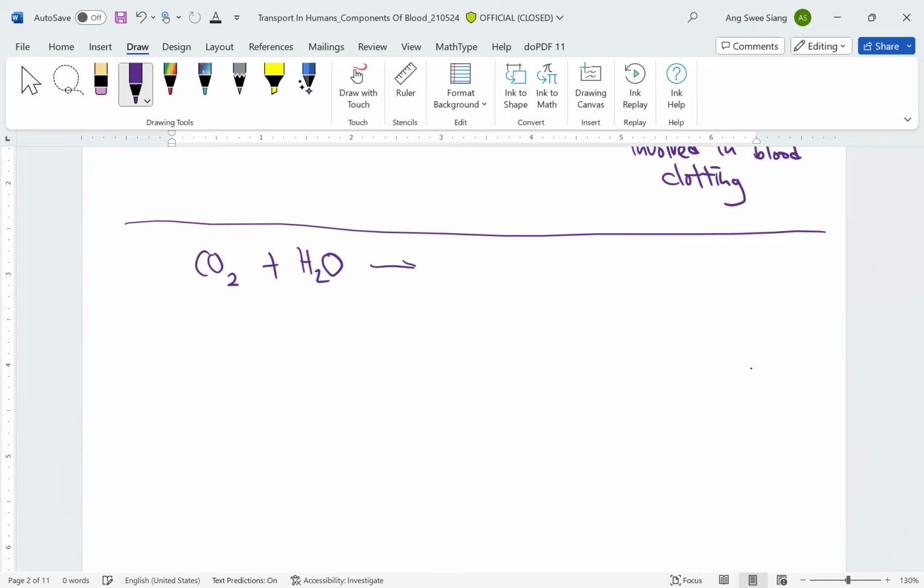Then it will form carbonic acid, H2CO3. Then this carbonic acid will dissociate to give you HCO3 minus and H plus.